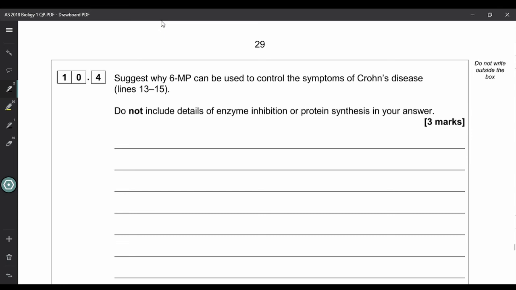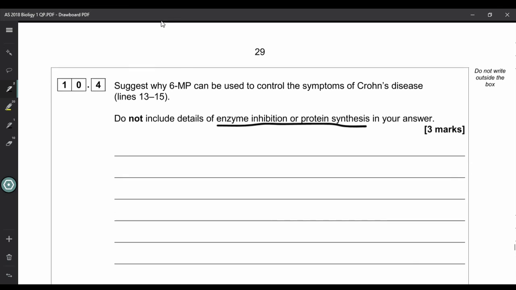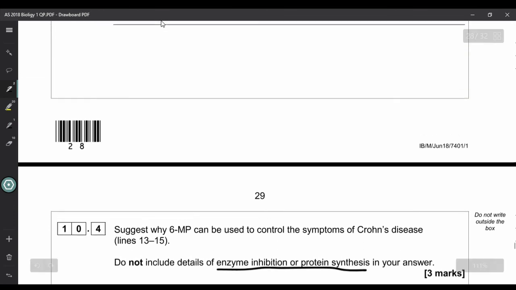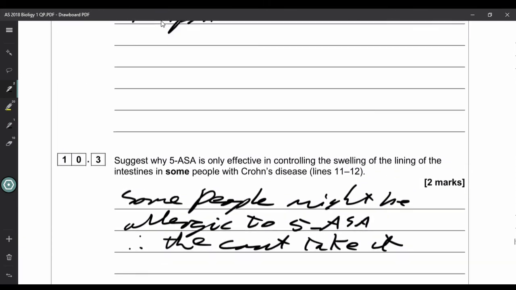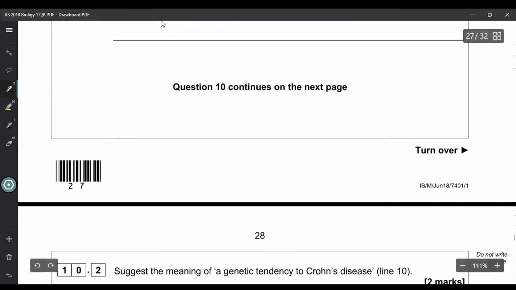So the last part of the question suggests why 6-MP can be used to control the symptoms of Crohn's disease. Do not include details of enzyme inhibition or protein synthesis. And again, this is an instruction that was ignored by some students, and some students talked about enzyme substrate complexes despite being told not to. So if we go back to the passage and see what it says about this drug.